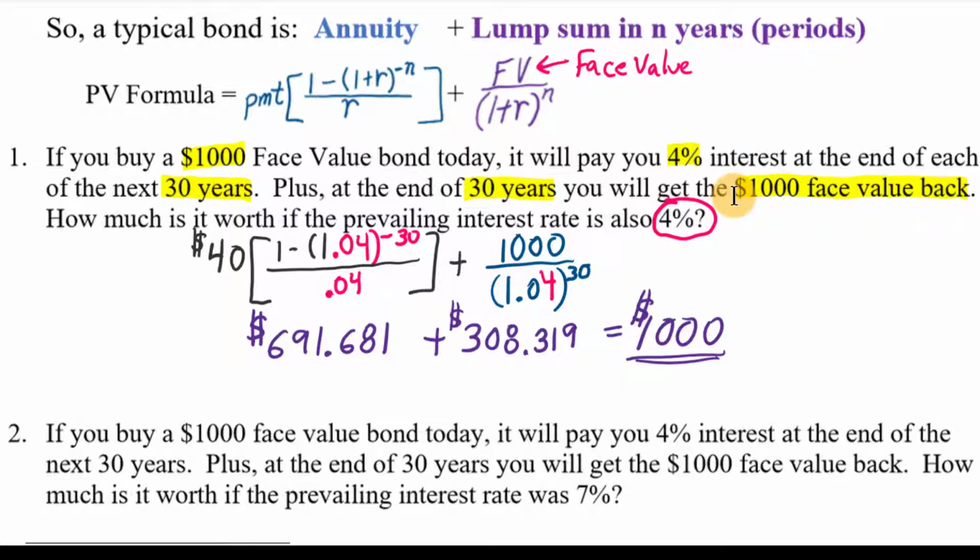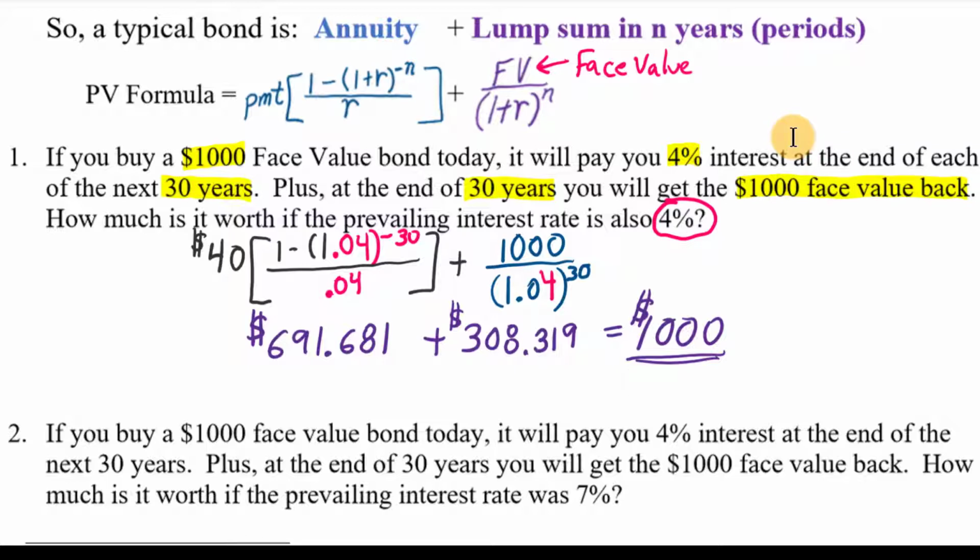And let me just remind you one more time. Any time when we're thinking about present value, what we're trying to do is answer the question, how much money would I need today in order to replicate the stream of payments that this investment will pay me?